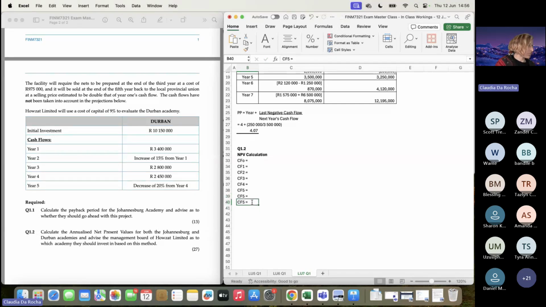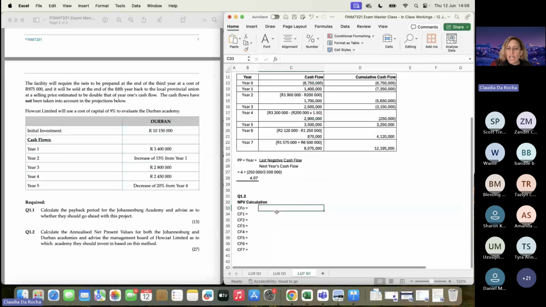All right. Let me just update the 6, the 7. Good. So we basically take our cash flow as we have it in our table.